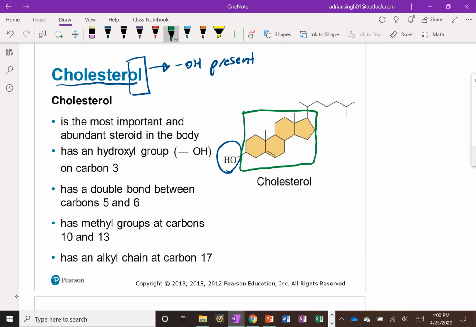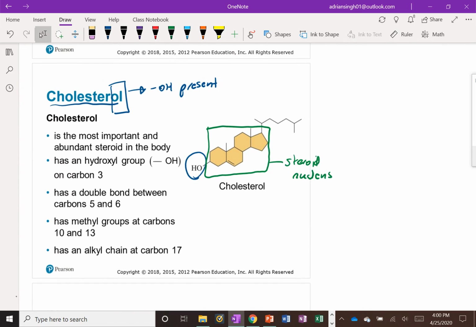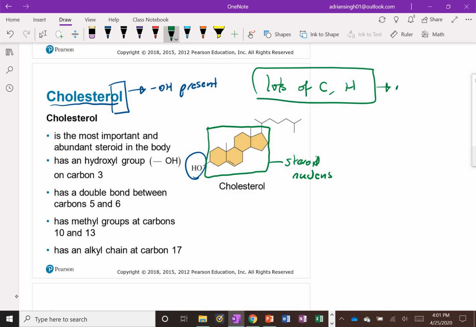It does contain that steroid nucleus, right? And when you look overall at your steroids or your cholesterol, as well as all the other lipids we've looked at so far, they contain lots and lots and lots of carbons and H's, and that's what makes them very non-polar molecules to begin with, right? And that's how we define our lipids in the first place.